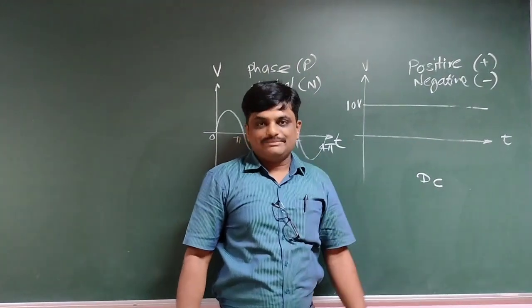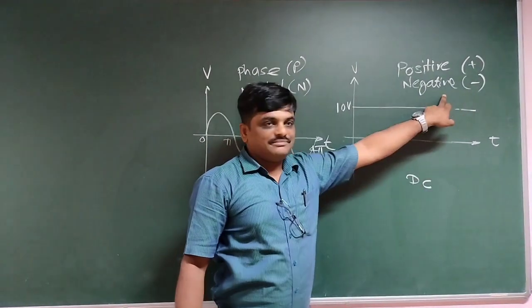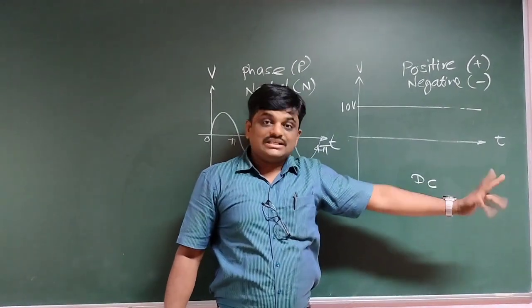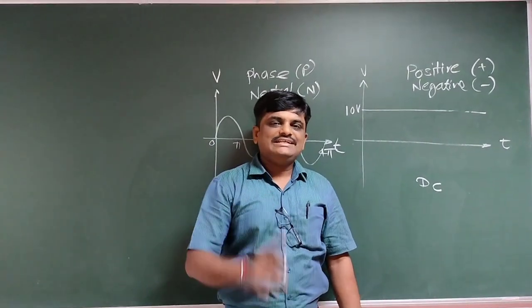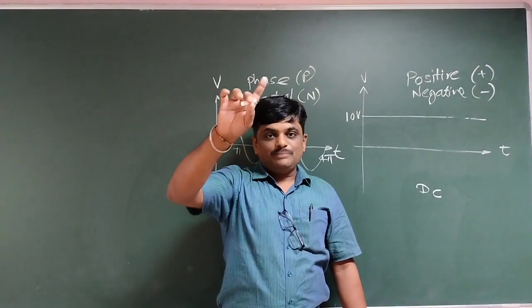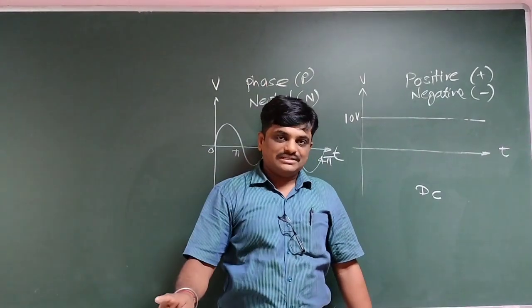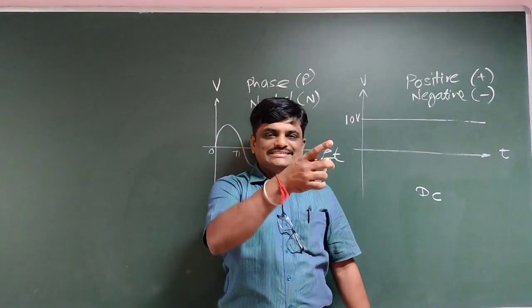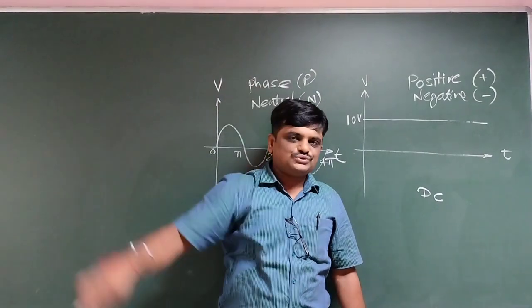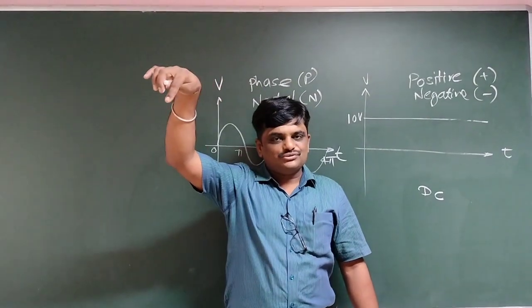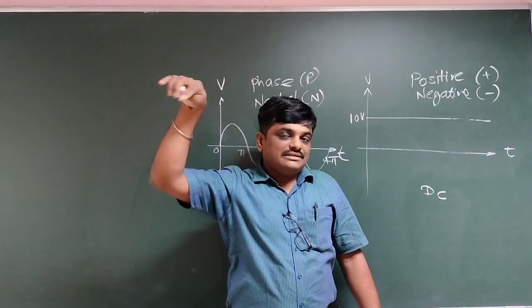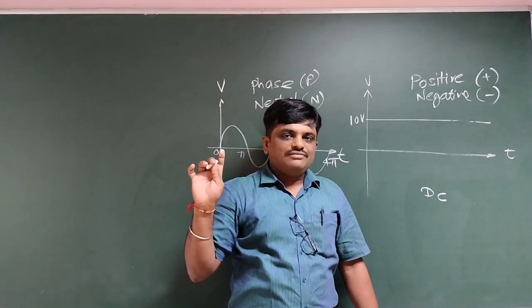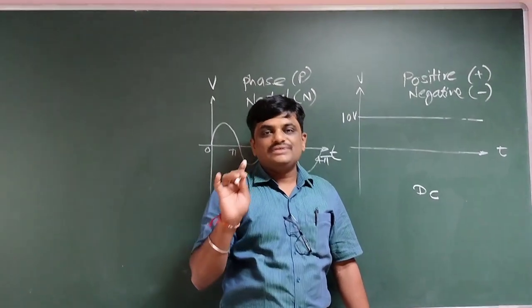It is always at higher potential, while the negative terminal is always at lower potential, and we know that current flows from higher potential to lower potential. So that is why in DC the current flows from the positive terminal to the negative terminal outside the source, and inside the source, as current flows in a closed path, it flows from the negative terminal to the positive terminal. So that is the flow of current, and it is during discharging.